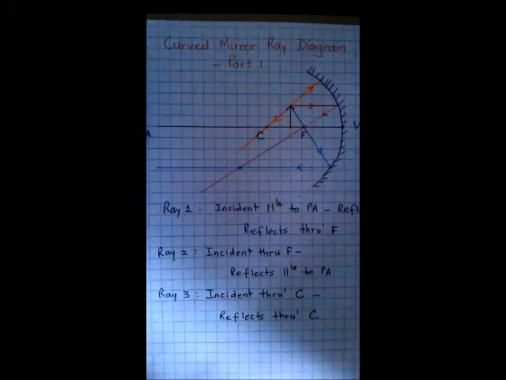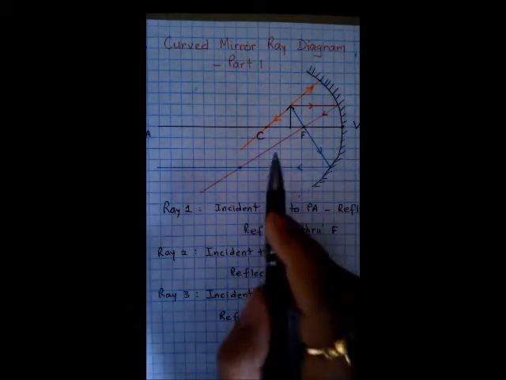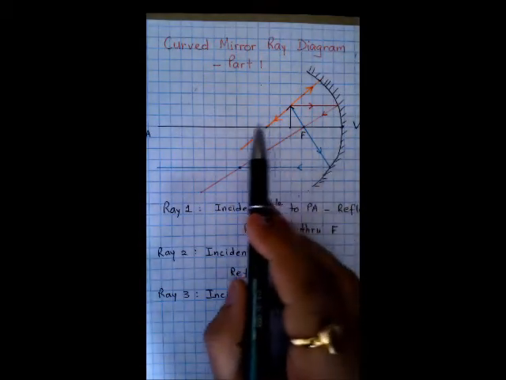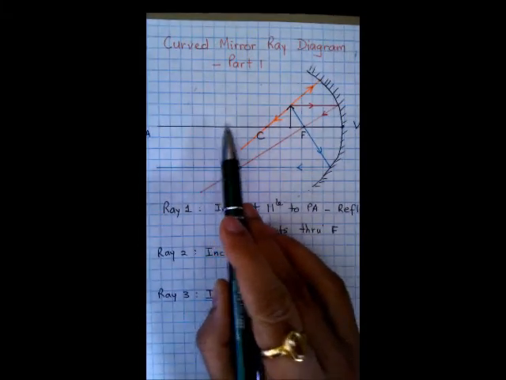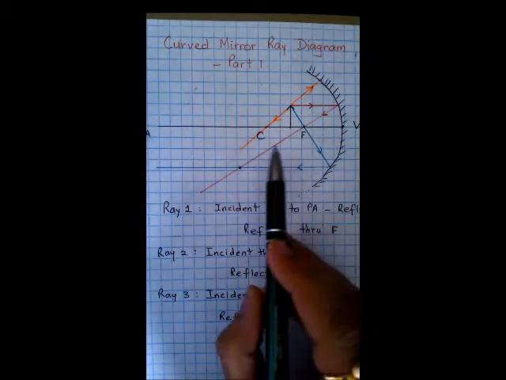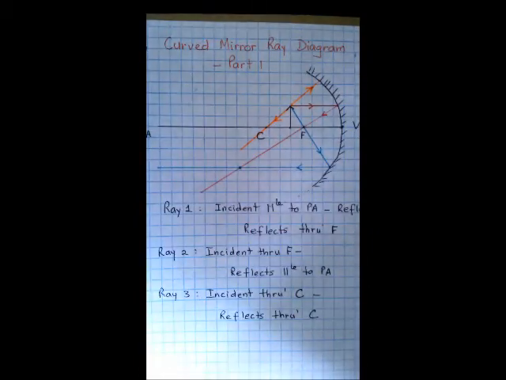Okay, so this is part 1 for our curved mirror ray diagrams. Remember how these 3 rays originate, how they hit the mirror, and how they reflect. In our part 2, we will be using these rays to construct ray diagrams for various positions of the object in front of the mirror. And depending upon where you're placing the object, the image will change.